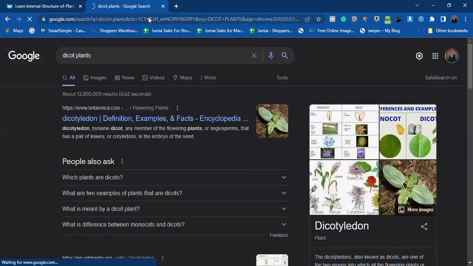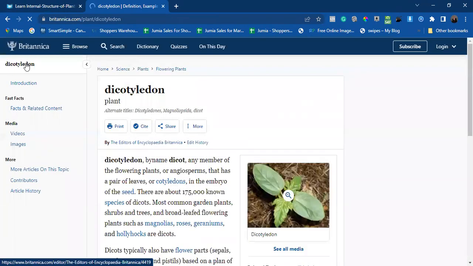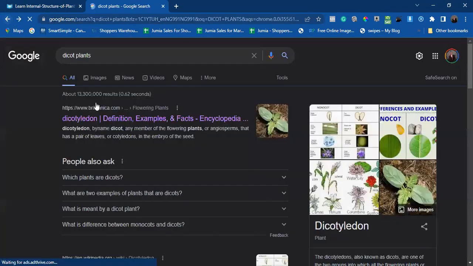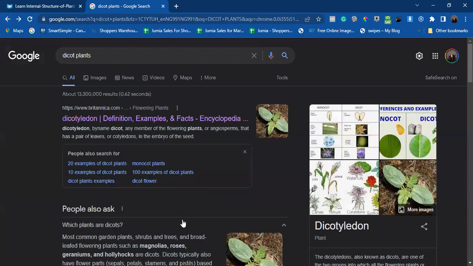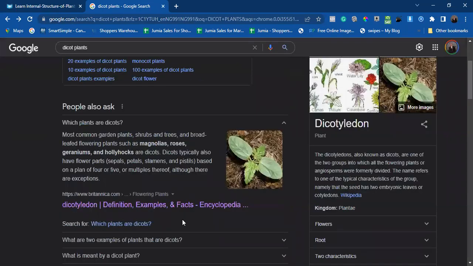Think of any dicotyledon you know; they all have taproots.